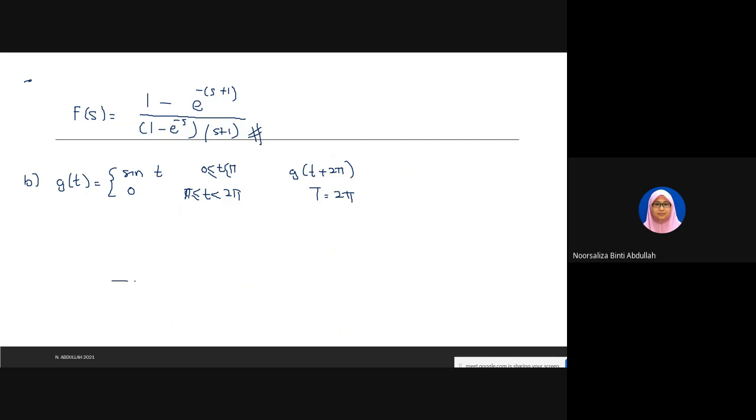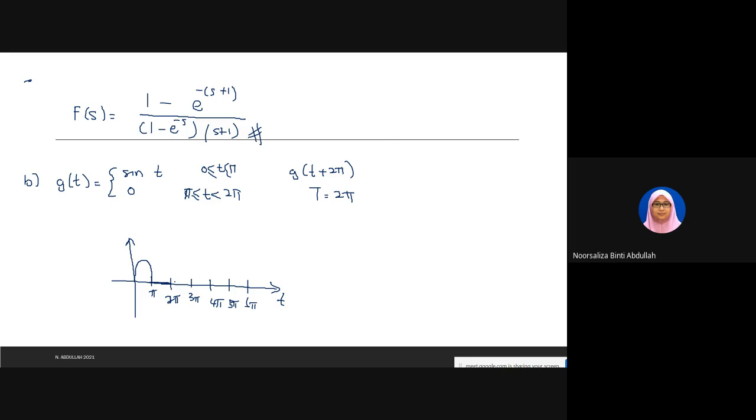Okay, so kalau if you plot the graph, one will be pi, 2 pi, 3 pi, 4 pi, 5 pi, 6 pi. This one is T. From 0 to pi is sin T, so it will be this one. From pi to 2 pi is 0 here.